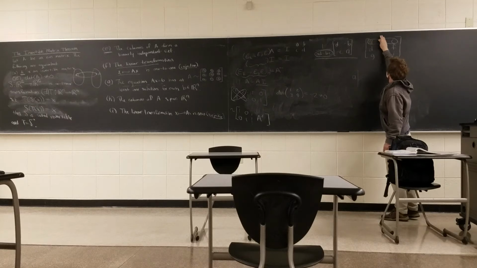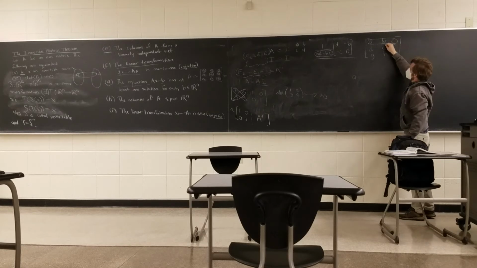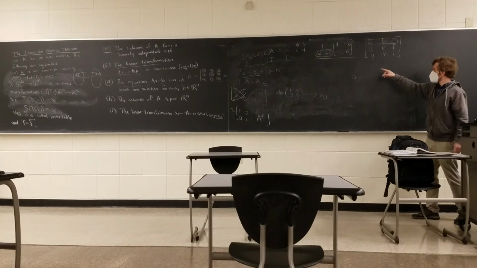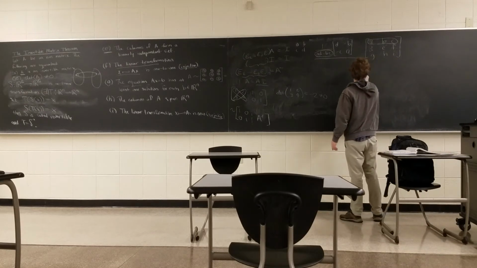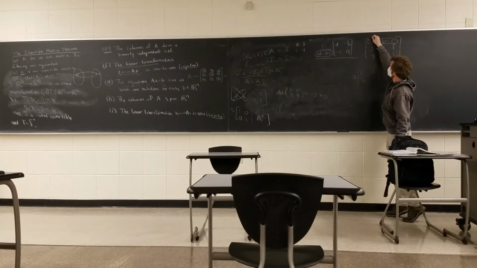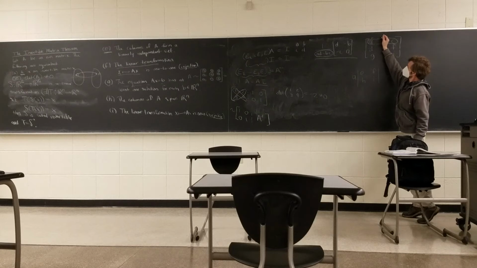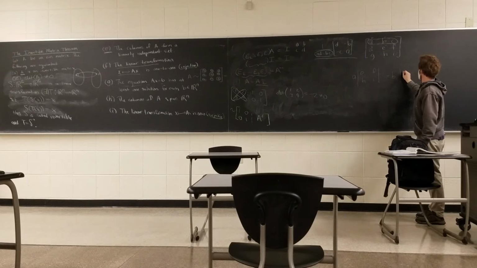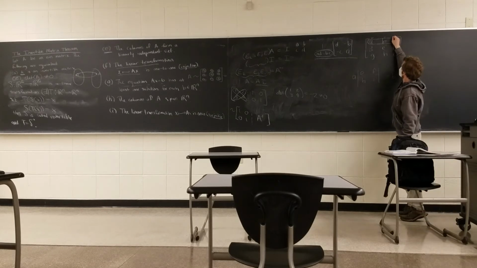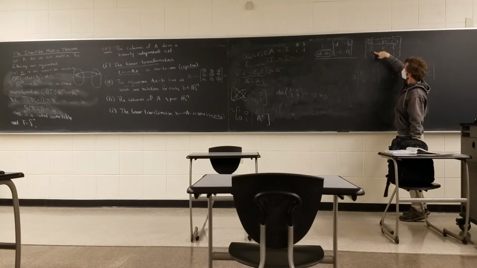For this element, you block out things in the same row and column, and you get a submatrix. So the determinant will be A times the determinant of the submatrix, minus, as we went from here to here, we went from plus to minus, B times the determinant of the submatrix when we block out this column and this row: D, F, G, I. And then we went from minus to plus C times, blocking out this row and column, we get D, E, G, H.